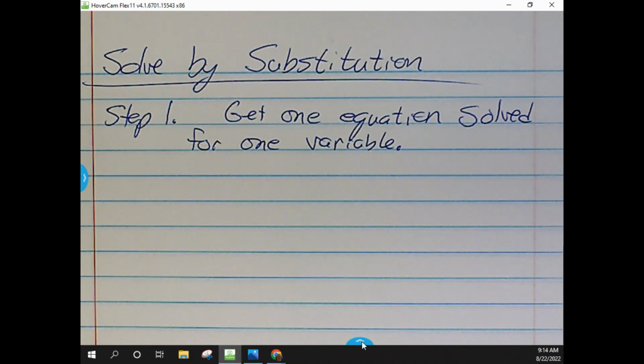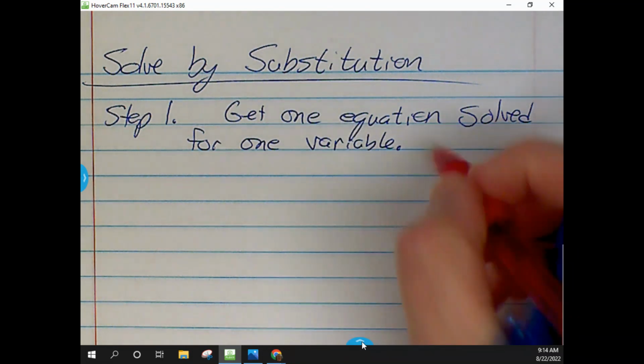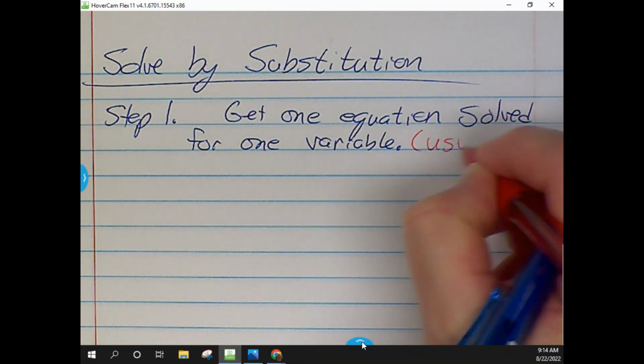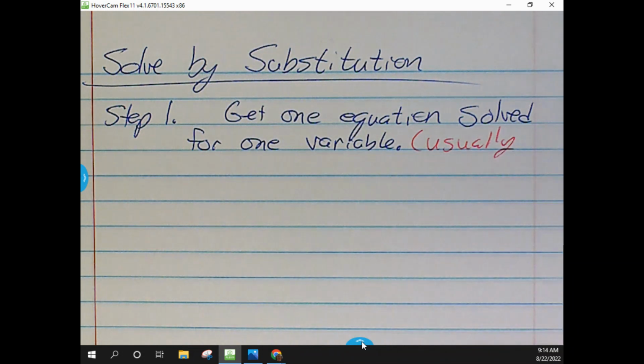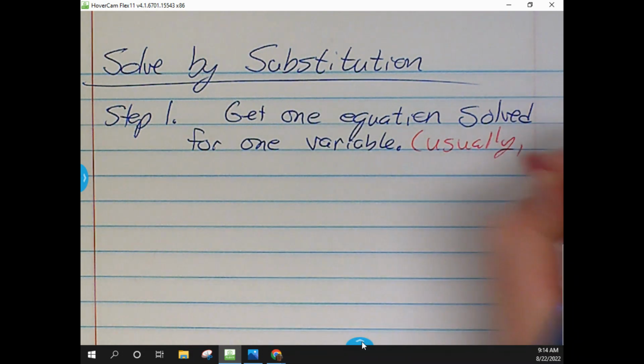If they don't have it this way, usually you want to pick the variable that has a coefficient of 1. Not necessarily every time, but in almost all cases, we'll say usually.